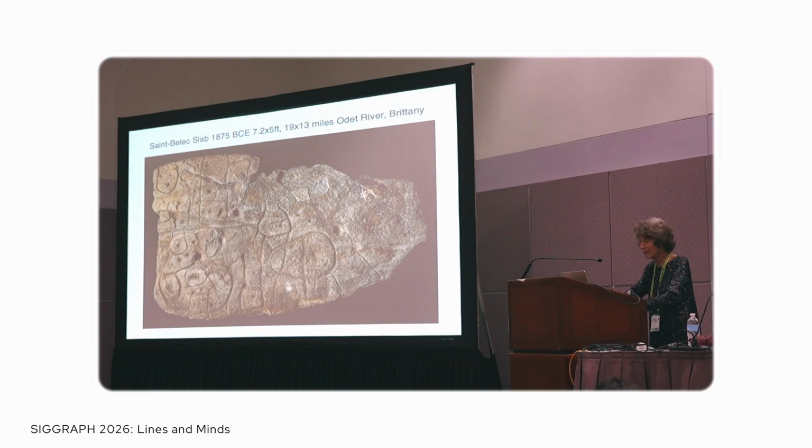This one is a slab in Brittany, and the slab is 7.2 feet by 5 feet, and it is depicting an area that's 19 by 13 miles. This is before writing arrived in France. In fact, you can find many examples of ancient maps that were before writing.